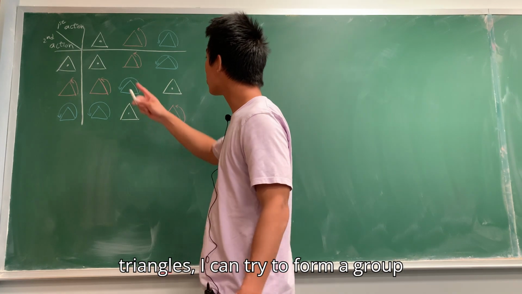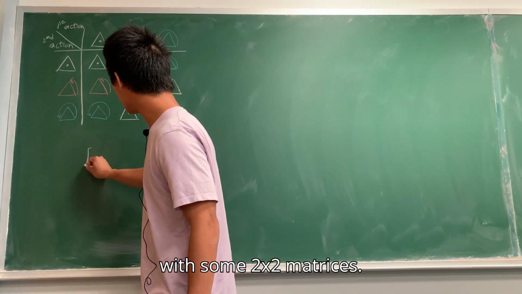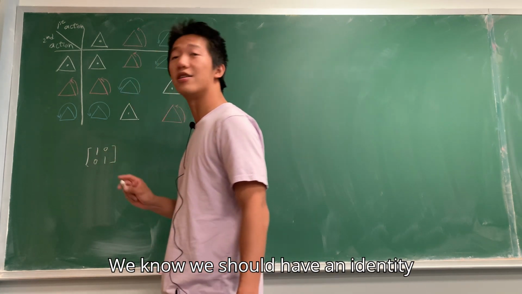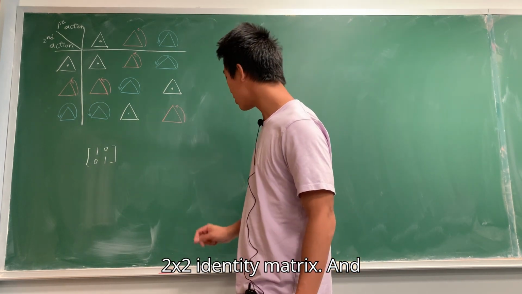Instead of using triangles, I can try to form a group with some 2x2 matrices. We know we should have an identity element in a group, so let's have the 2x2 identity matrix.